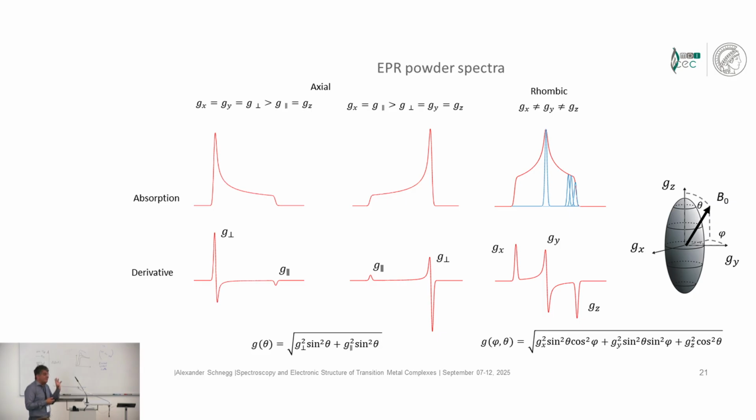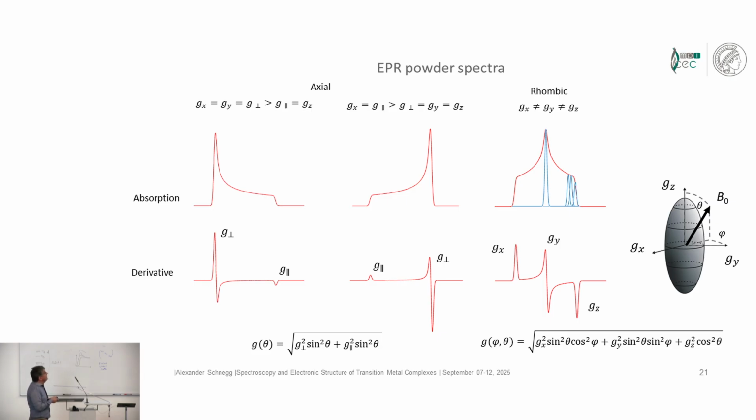Shown here are cases where powders or frozen solutions are measured. This means all orientations of our molecule, here denoted by these single peaks, contribute to our spectrum. Here is an example of how such a powder pattern can be determined, because different orientations contribute differently to our spectrum.